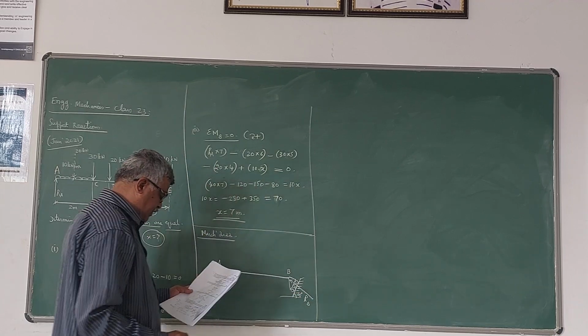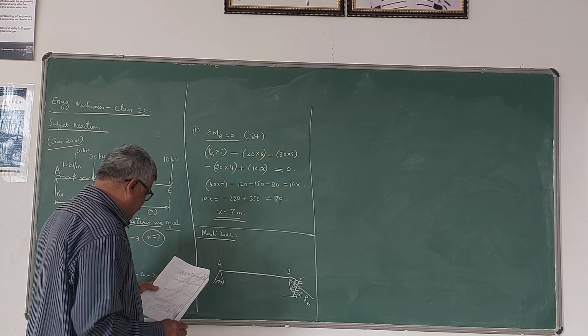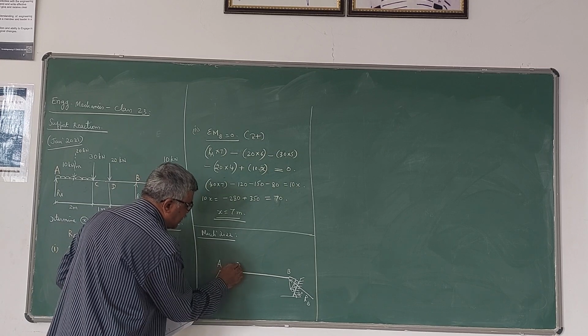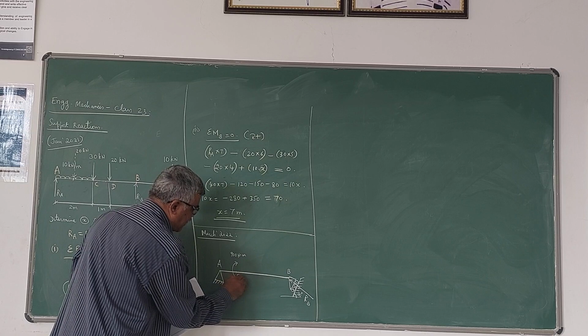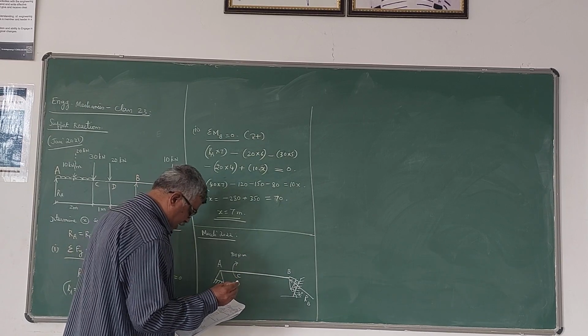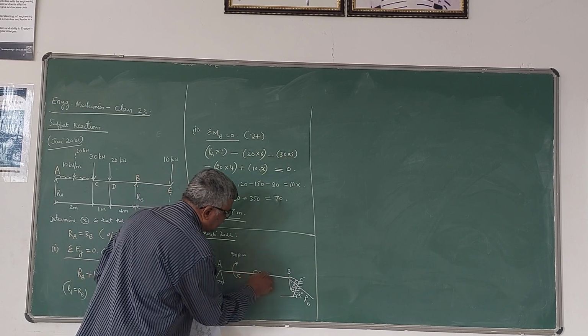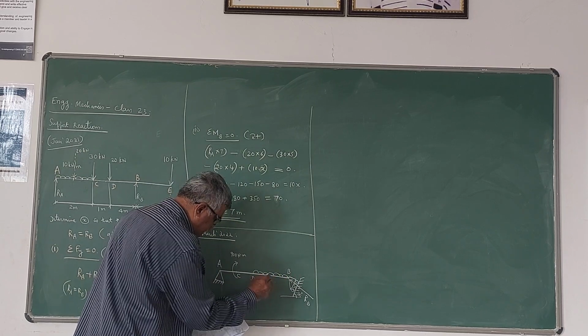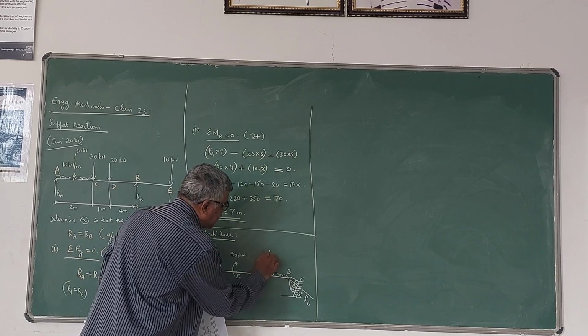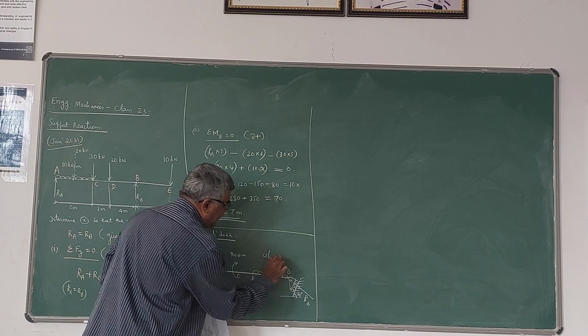30 degrees. This beam is subjected to a clockwise couple of 900 Newton meter at the point C, and the UDL runs from D to B, and the intensity of UDL is W, which is not known, per unit length.